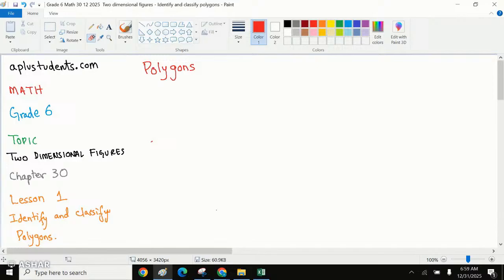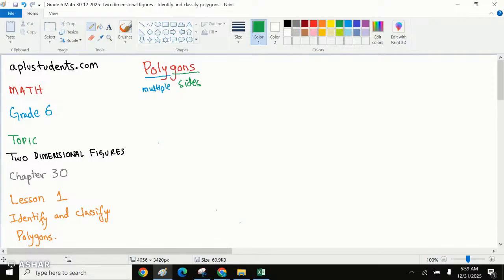We need to understand what polygons are, right? The word poly means multiple, and gons would mean sides. So we know that a single line cannot make a closed shape, right? Minimum 3 sides are required to make a shape.